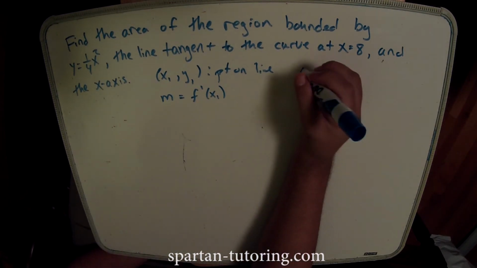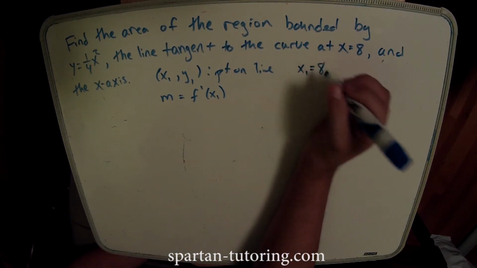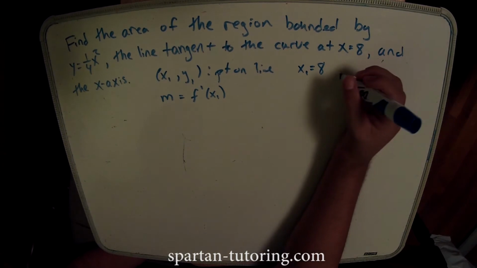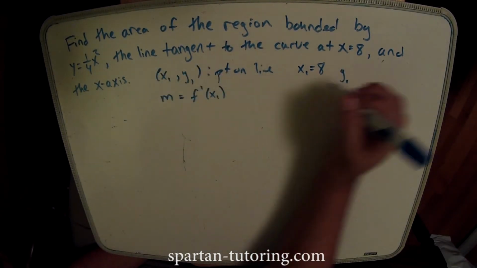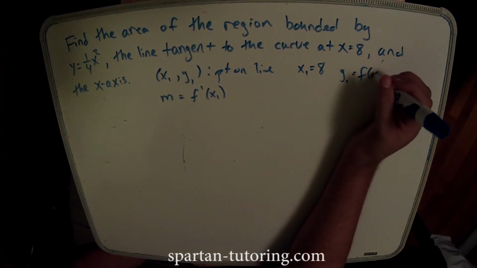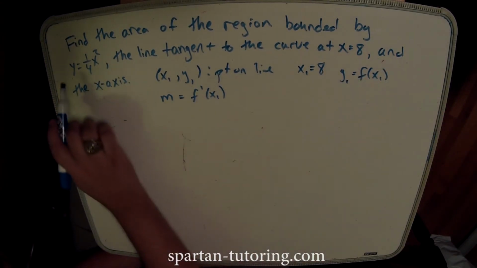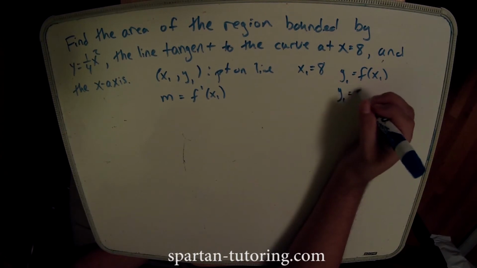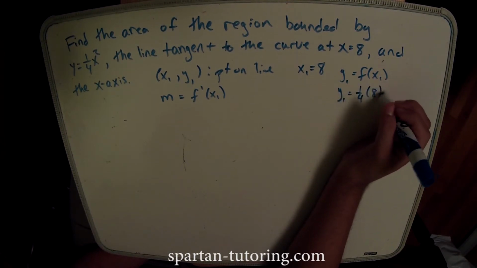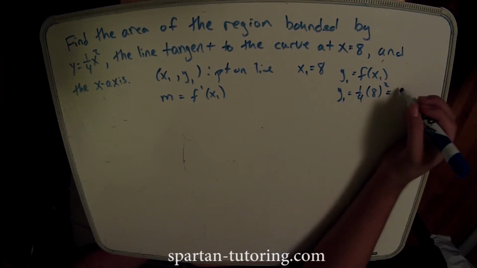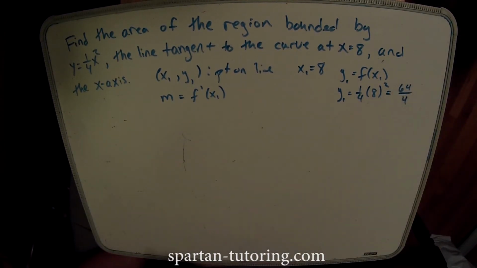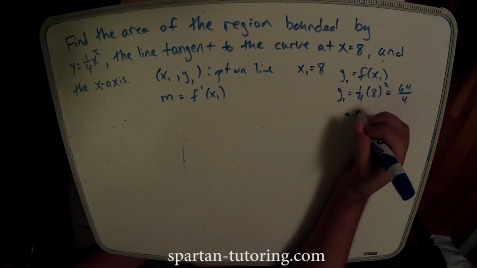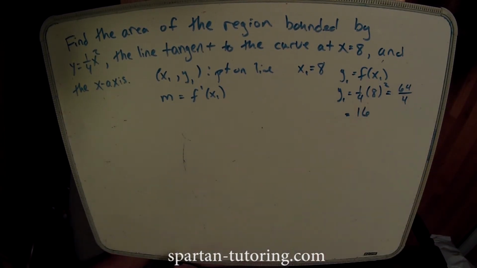Now in this case, x1 is equal to 8. y1, the y-coordinate at this point, is going to be f of x1, where y is equal to 1/4 x squared, so our y value is 1/4 times 8 squared, which is 64 over 4, which is 16. Okay, cool.